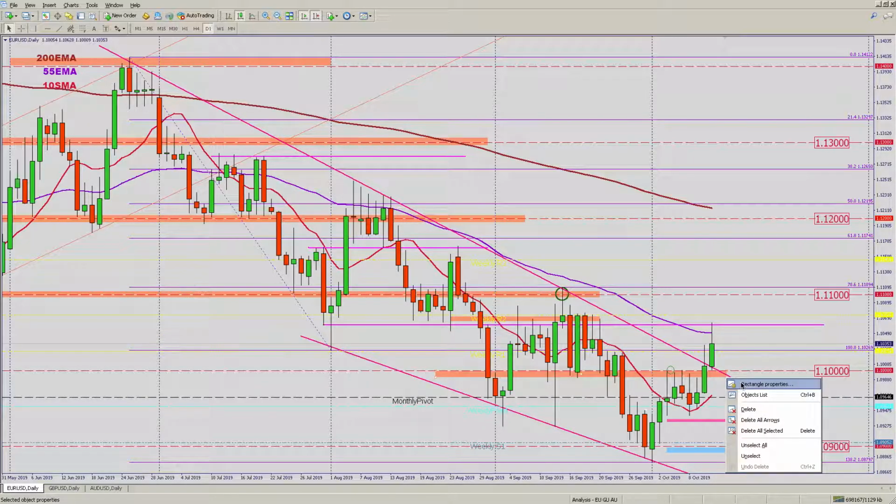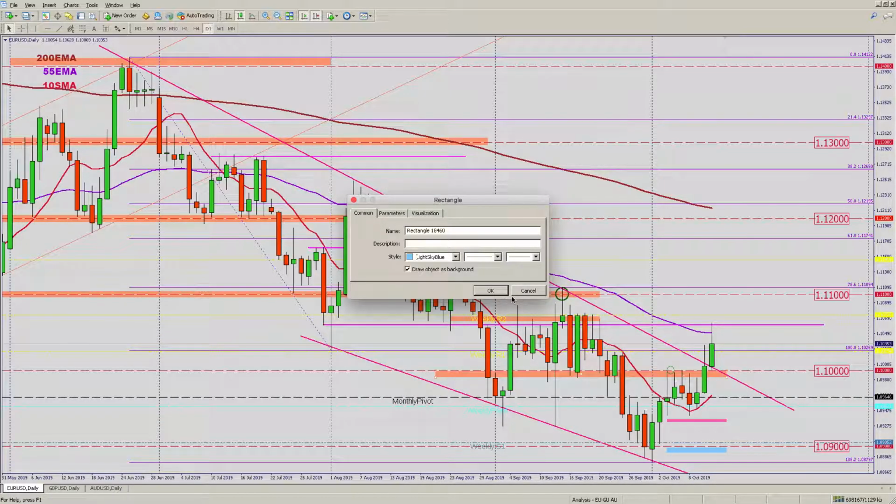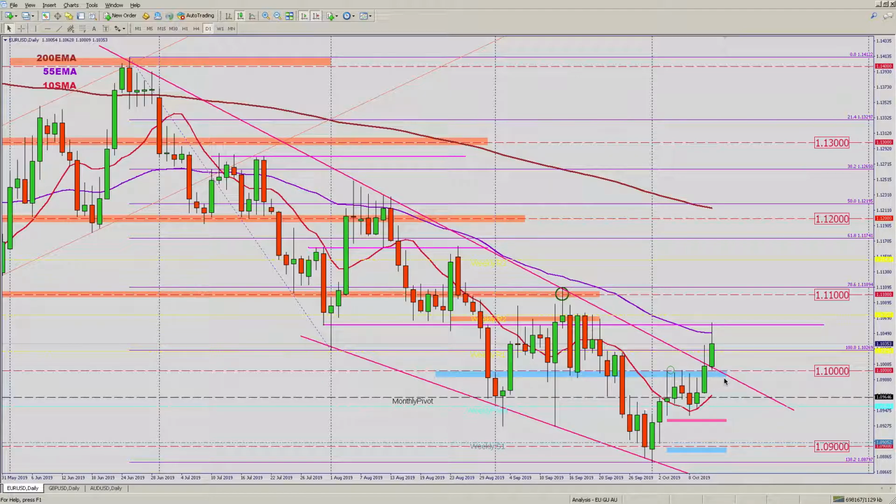So we'll see whether this will be the new support level for the Euro with the trend line and the 110 level.